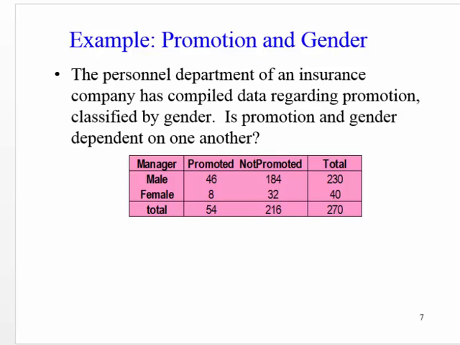Let's put a solid example here. So promotion and gender. Say we have this data for a company. And the question is, are promotion and gender dependent on one another? Well, what do you have to do? Okay.